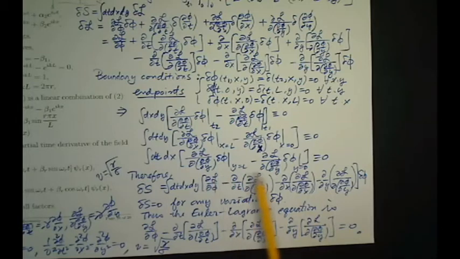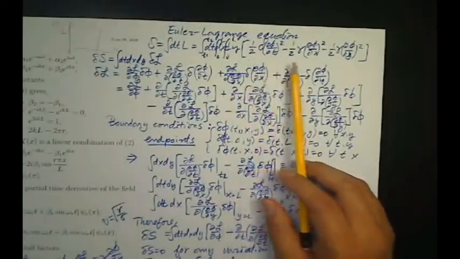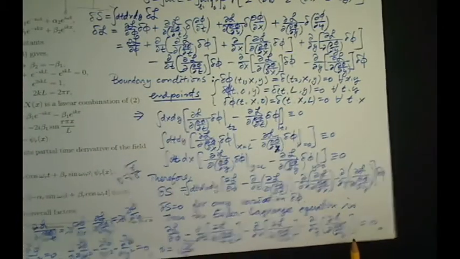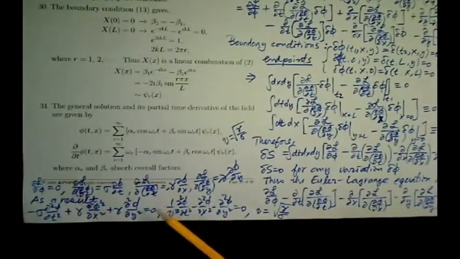Therefore, the coefficient must vanish. That is the Euler-Lagrange equation. We substitute the Lagrangian density function into the Euler-Lagrange equation to find that the resultant equation of motion is actually the same as the original one, that is wave equation.